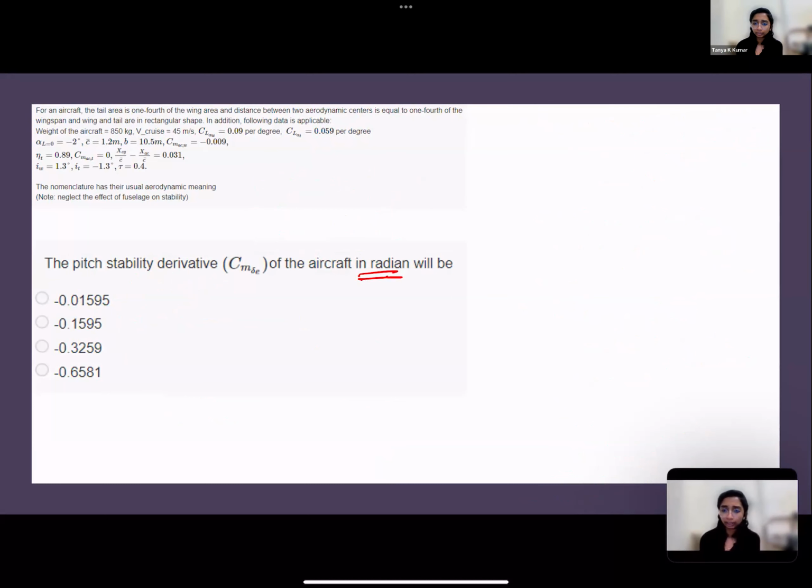Try to recall that. Just try to recall or go through your notes. There's a direct formula for Cm delta E.